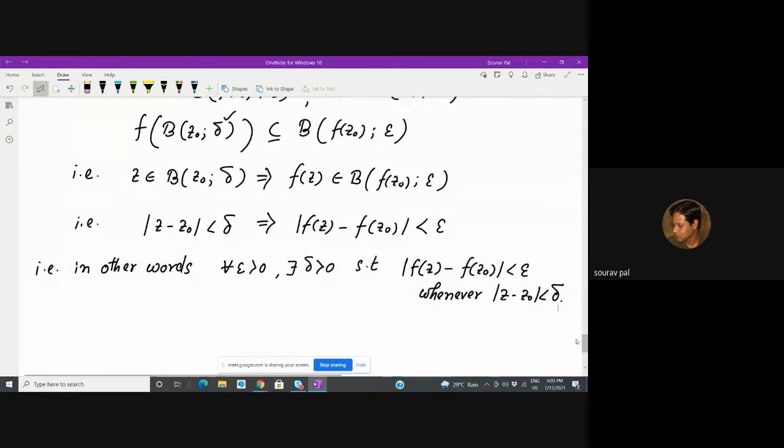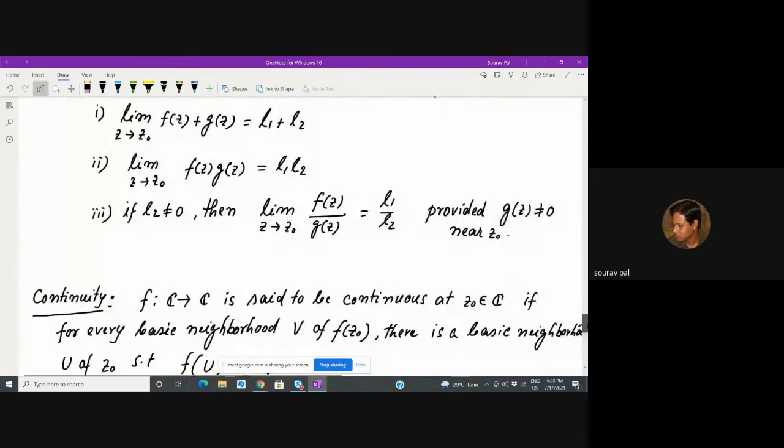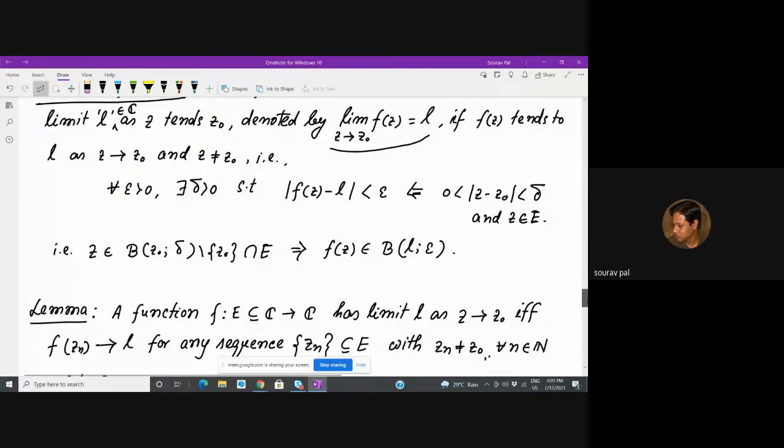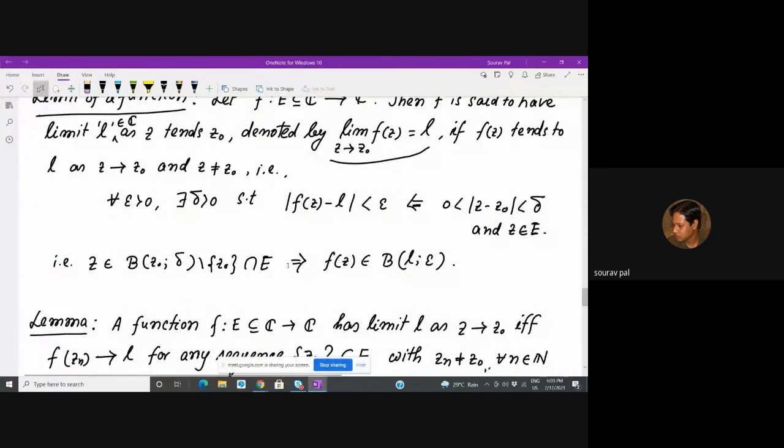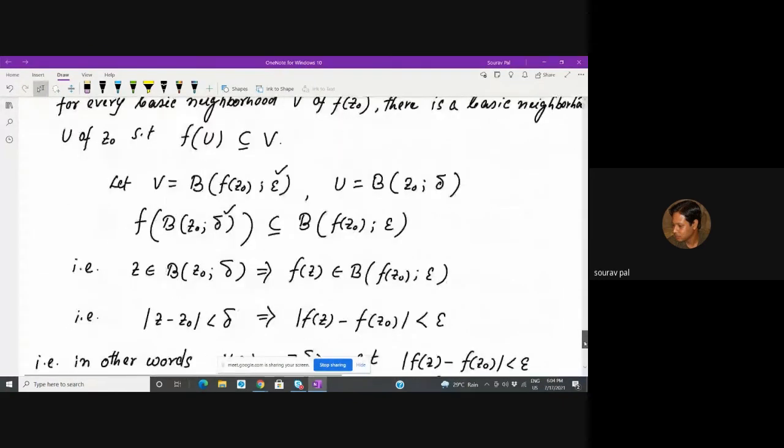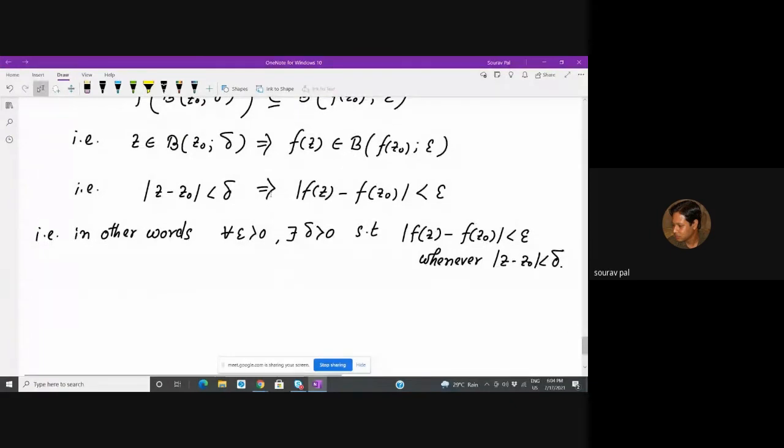Now, if you want to have it in terms of the limit of the function, if you just look at the definition of limit here, if z belongs to the deleted neighborhood, then f(z) belongs to this neighborhood. Here, z belongs to this neighborhood implies f(z) belongs here.